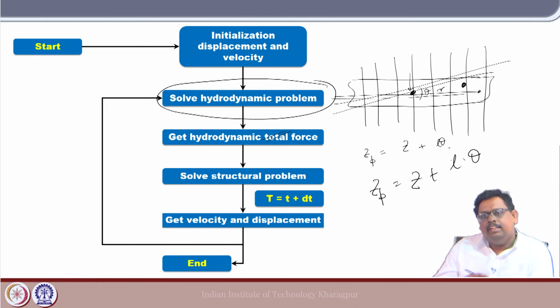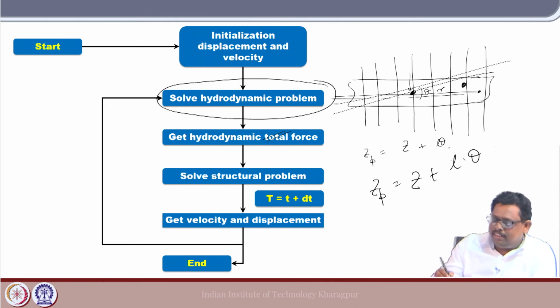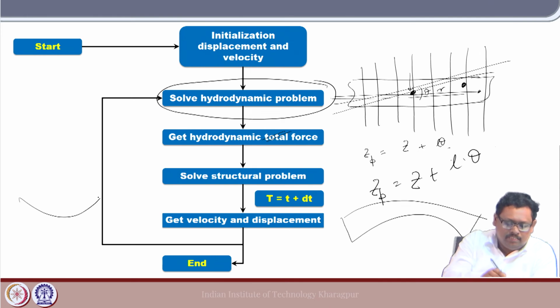However, in the case of hydroelasticity, that ship might bend in this way, or maybe bend this way also. So, in that case, at each section it has a different displacement and velocity.